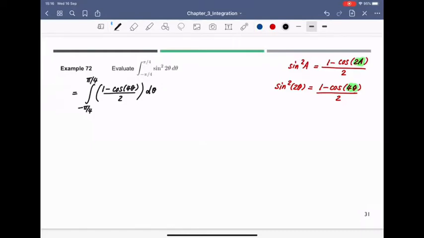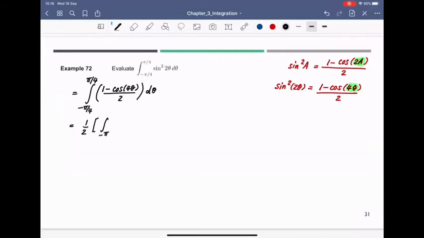Because you see a constant now, you can pull out your constant 1/2. I love to pull out the constant first all the time because it's going to make the term in the integrand a lot easier. Then I split my integrand into two pieces.